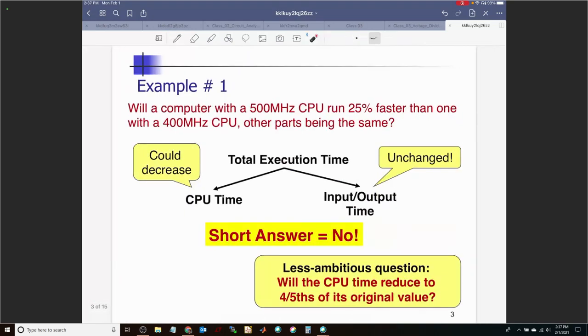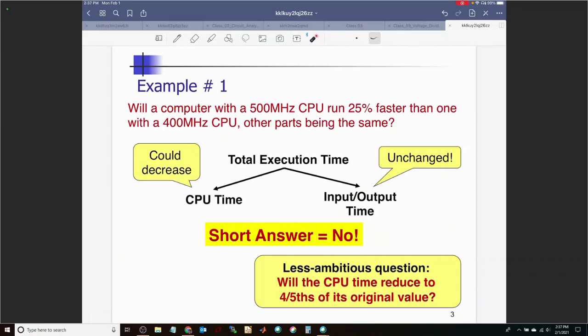Let's talk about performance with this example here. Example 1. I have a computer with a 500 megahertz CPU. Can I say that a computer with a 500 megahertz CPU runs 25% faster than another computer that has a CPU with a clock rate of 400 megahertz?